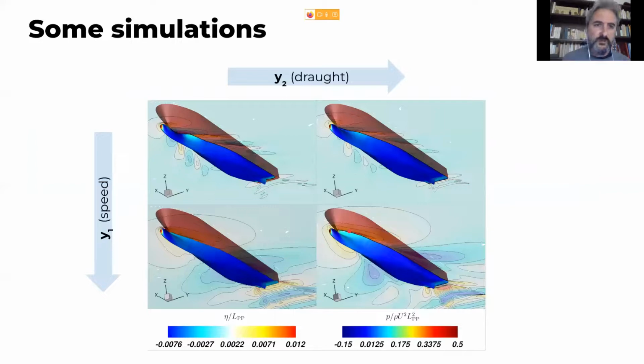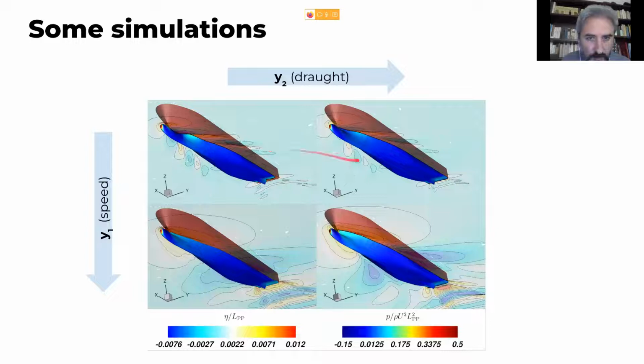These are a couple of snapshots of a couple of specific solutions of the solver, just to see that everything works and gives reasonable results. So here you see 4 snapshots. These are 4 solutions. This is low speed and low draft. Here, if you go in this direction, you get a heavier boat that goes much more into water.